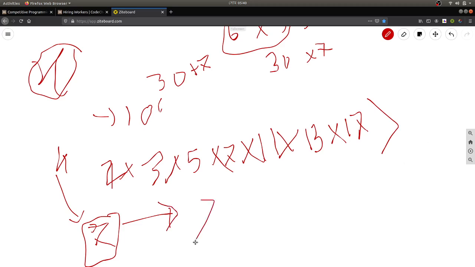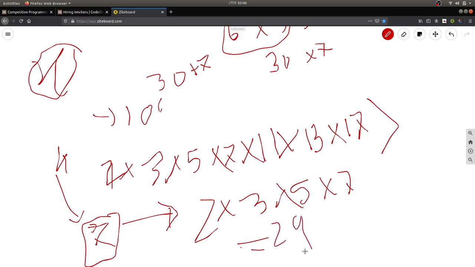So if we are given 2, 3, 5, 7, we can just brute force it, see every partition and see which partition gives us the optimal solution. This optimal solution will be 29. Okay, so that's how you solve this problem.